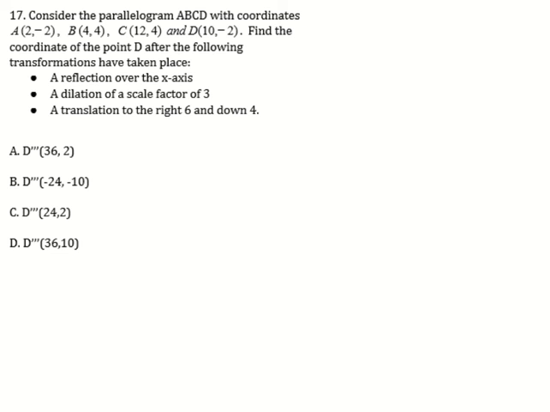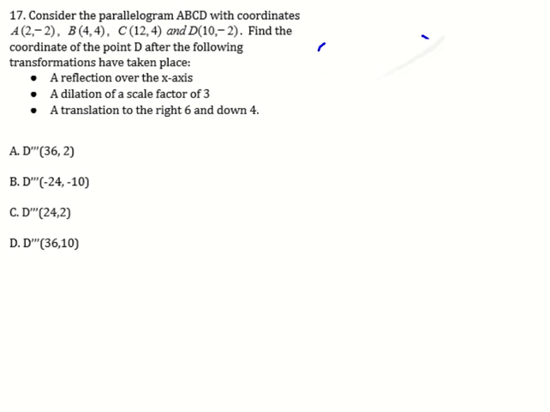Consider the parallelogram with coordinates A, B, C, and D. Find the coordinate of the point D after the following transformations have taken place. So let's walk through each one of these. A reflection over the x-axis. That means the y is changing, so (x, -y).